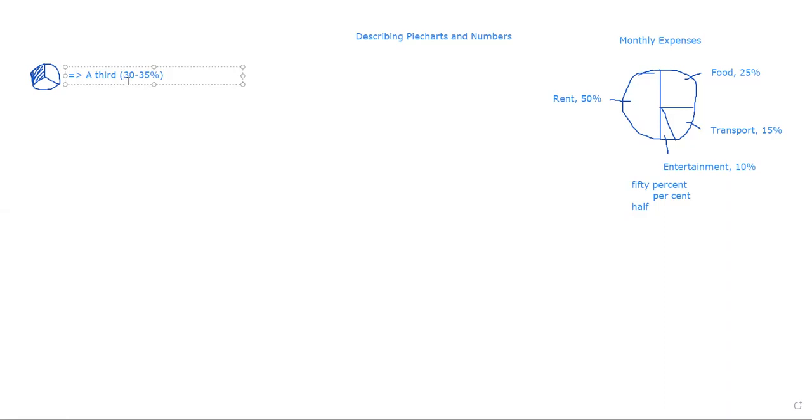More specifically, the number would be 33%. 33 এর পরে অনেক সময় decimal point চলে আসে, but around 30 to 35%, you can use a third.